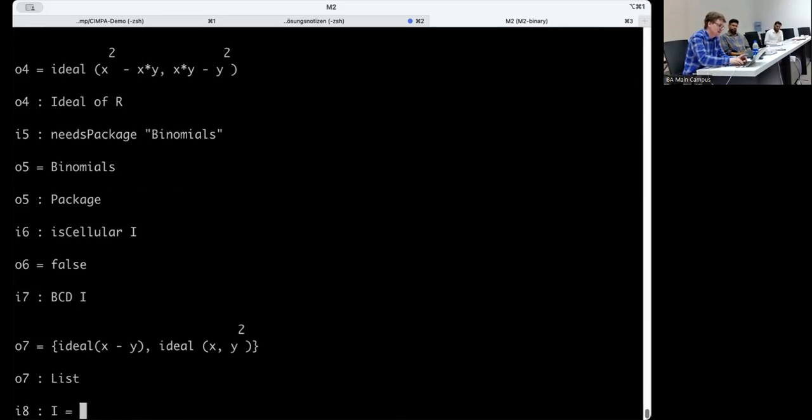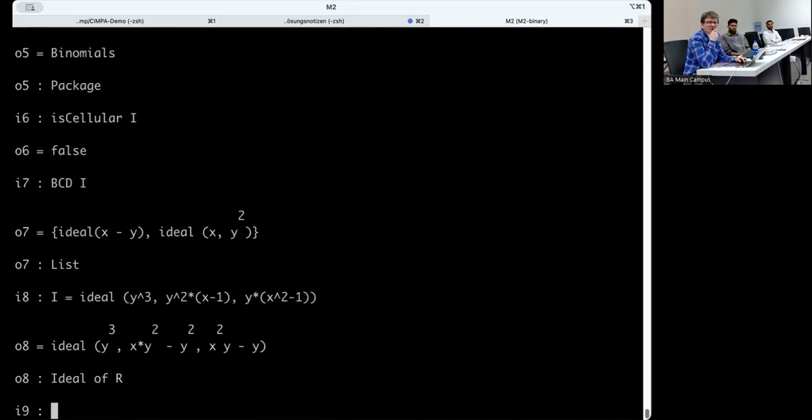Let's say I is equal to the ideal that we had in the second example: y cubed, y squared times x minus 1, and y times x squared minus 1.